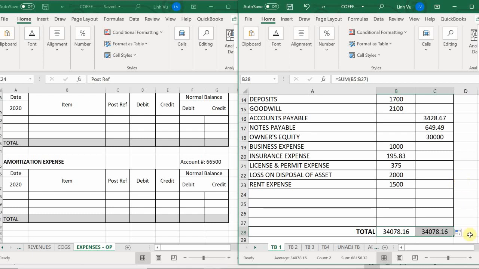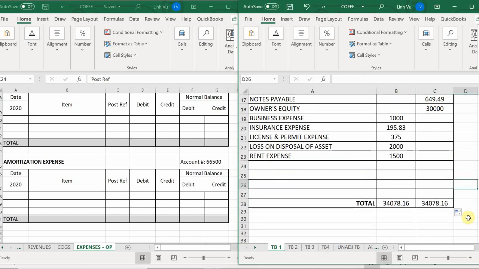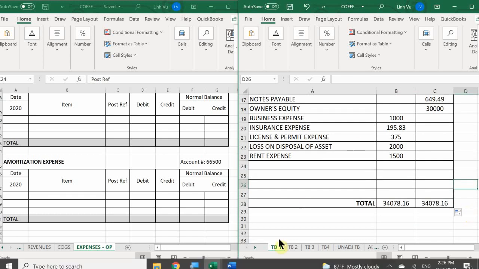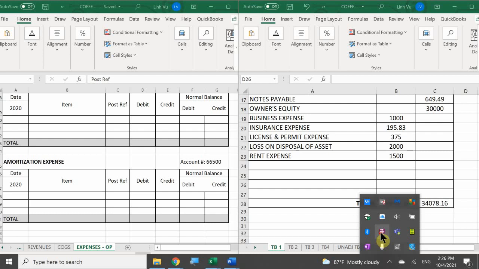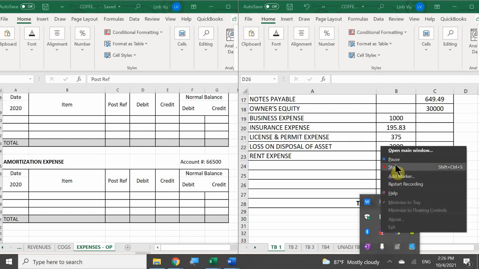It's supposed to be 34.78.16 on both ends, so yes, we did our counting correctly. We are completely done with week 1. I'm going to go ahead and stop.